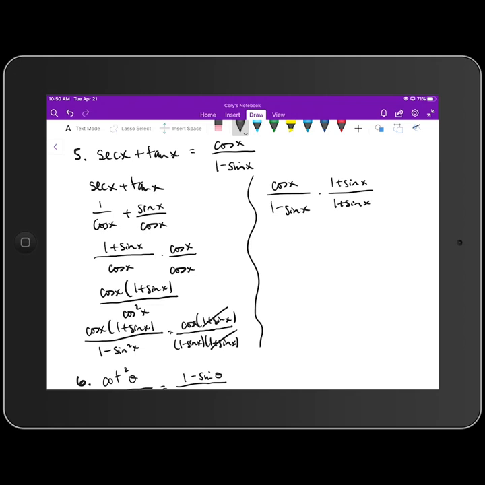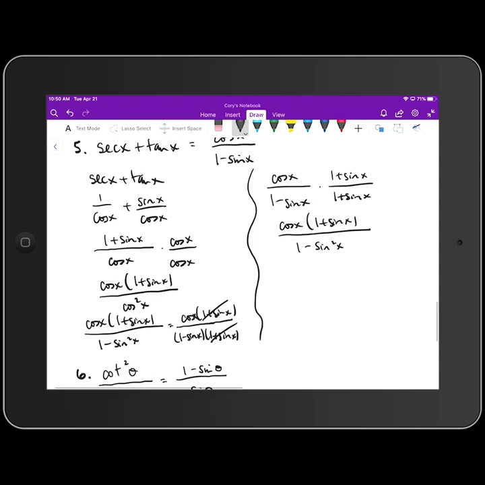I can then multiply across, so we get cosine times 1 plus sine over, when I multiply those two factors on the bottom, that gives us 1 minus sine squared, which we can rewrite as cosine squared. Then I can cancel the factor of cosine on top with a factor of cosine on bottom.